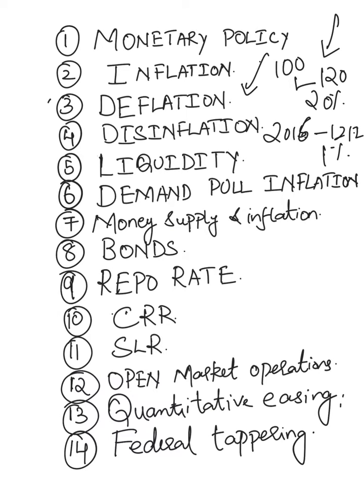Then what is demand pull inflation? Demand pull inflation is an increase in price due to a phenomenon where too much money is chasing too few goods. When everybody in the country is given jobs suddenly, or government comes up with a policy that every youth has to be given a government job, we land up with a situation where the production is not in tandem with the money supply in the economy.